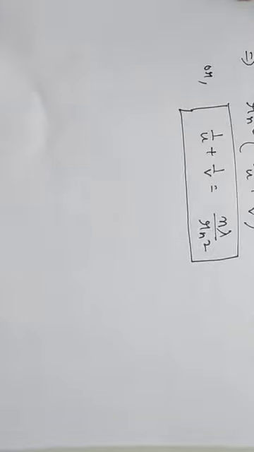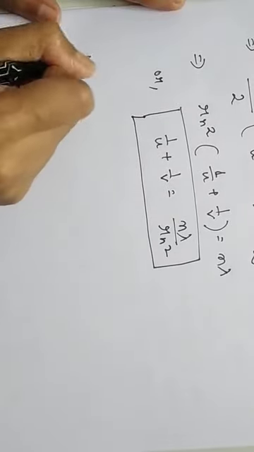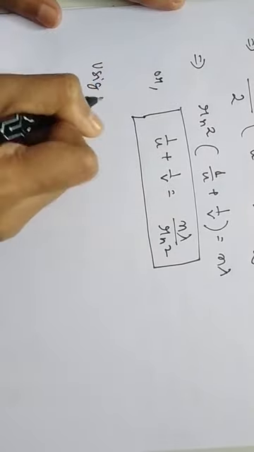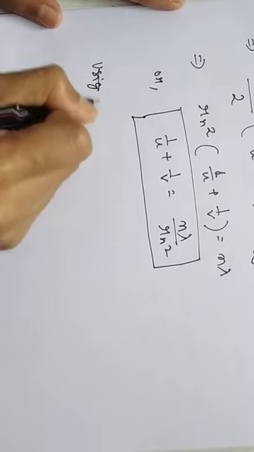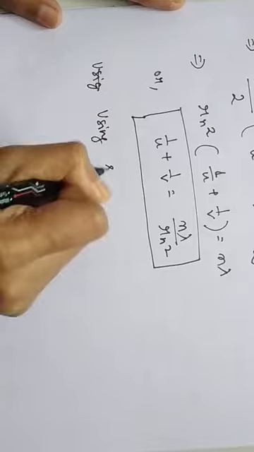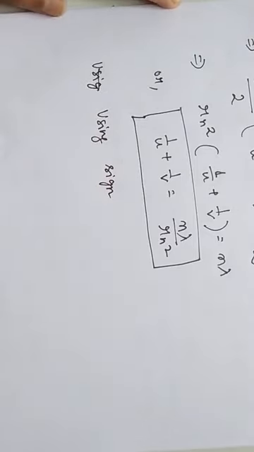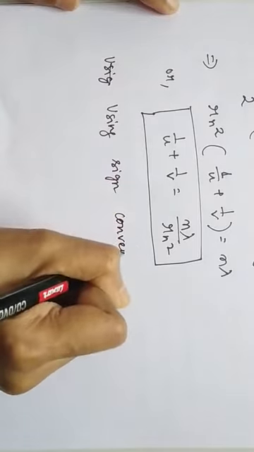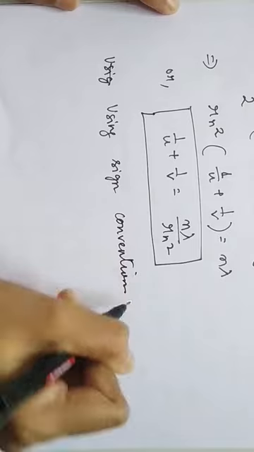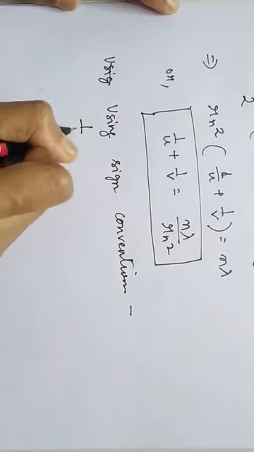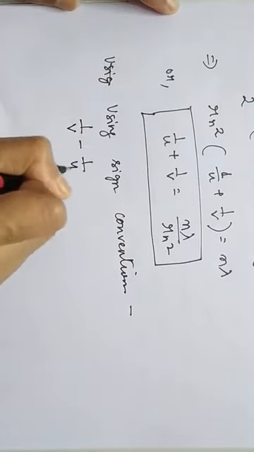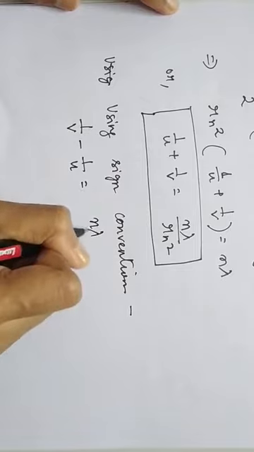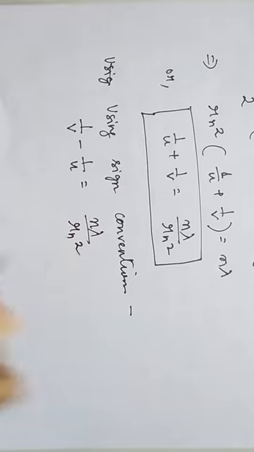Using the sign convention, we have 1 by v minus 1 by u equals n lambda by rn square.